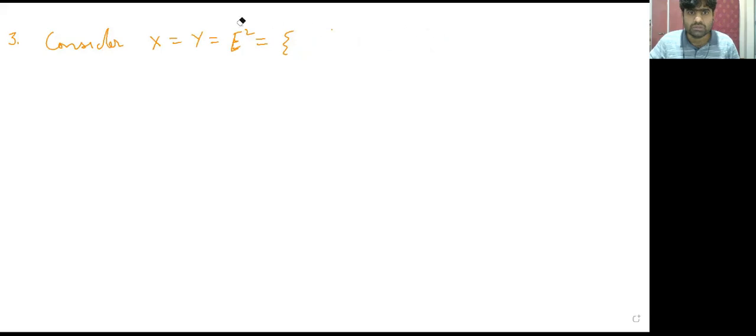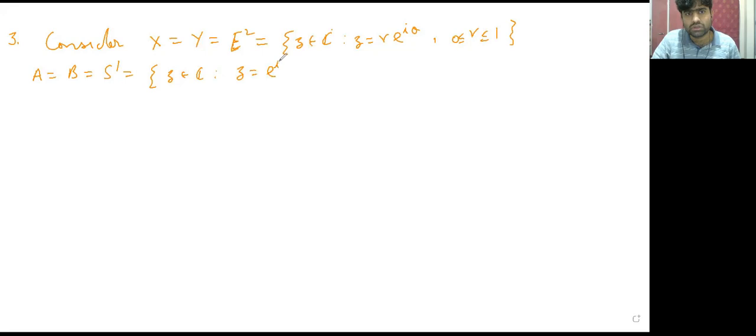Or you can write z belonging to C such that z equal to r e^{i theta}, r between 0 and 1, and there is no restriction over theta, and A equal to B equal to S1, equal to z in C such that z equal to e^{i theta}.